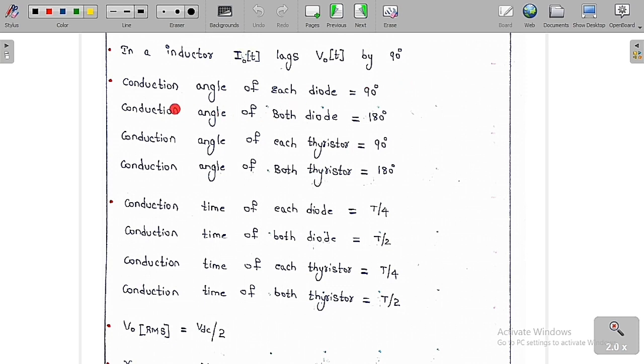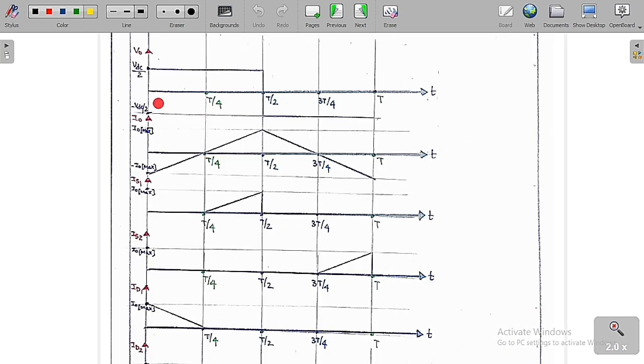Now you can see clearly, from 0 to T by 4, the output voltage is positive and the output current is negative. The output voltage is positive and the output current is negative only when D1 conducts, so D1 is conducting from 0 to T by 4. From T by 4 to T by 2, the output voltage is positive and the output current is also positive, so both are positive only when S1 is conducting.